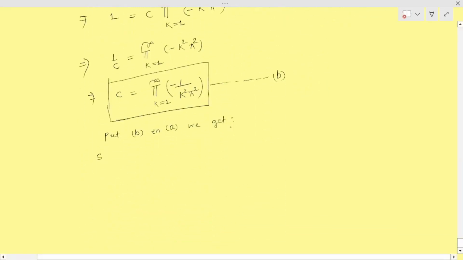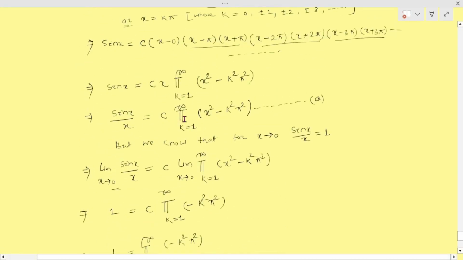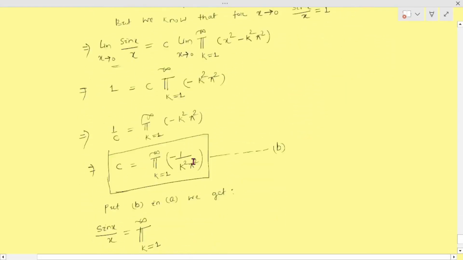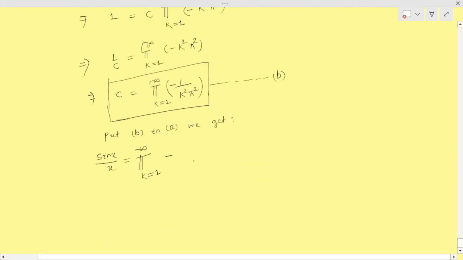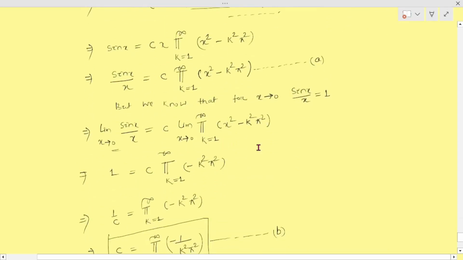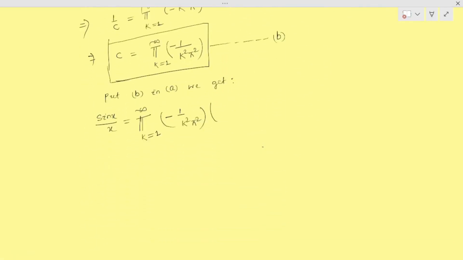What we can get, sin x by x will be equal to, here both the products are equal, so I can write the infinite product from k equal to 1 to infinity of minus 1 by k square pi square, whole into x square minus k square pi square, right?